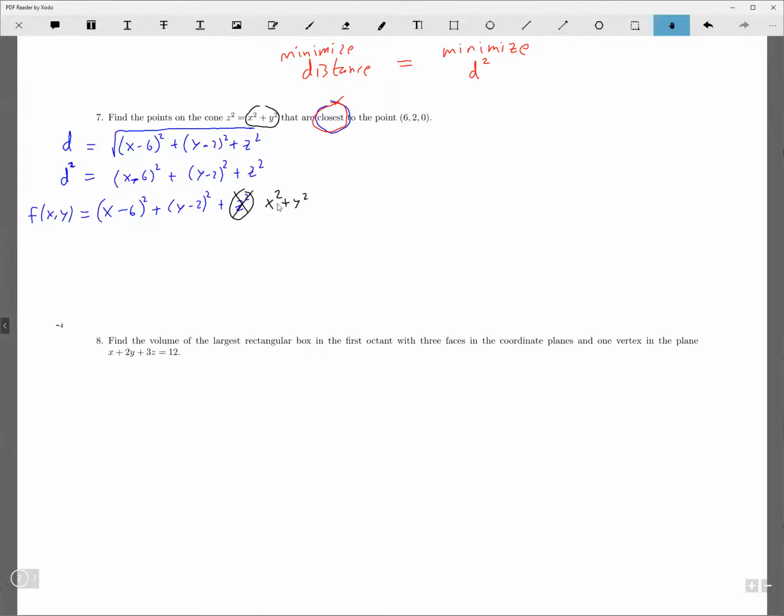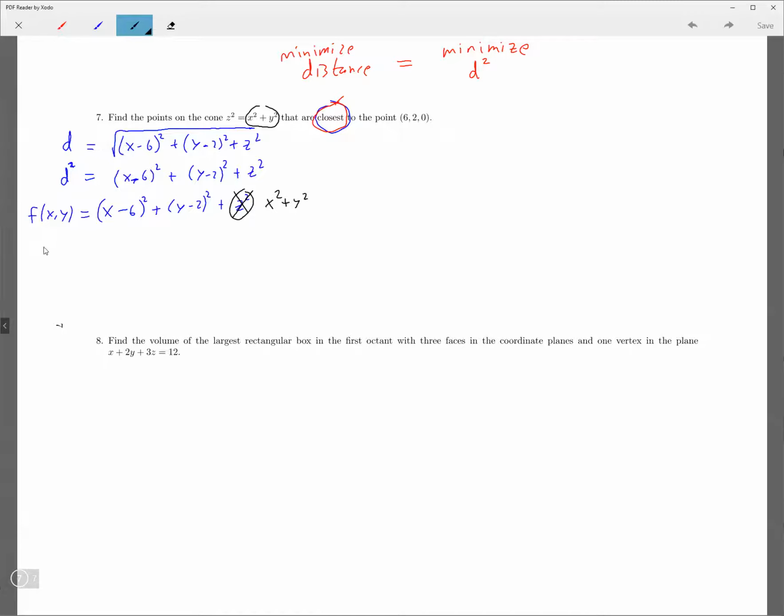So no restriction. Okay, so let's continue on here. Now the problem is equivalent to finding the absolute minimum of this, with no restriction. So what do we do at this point?